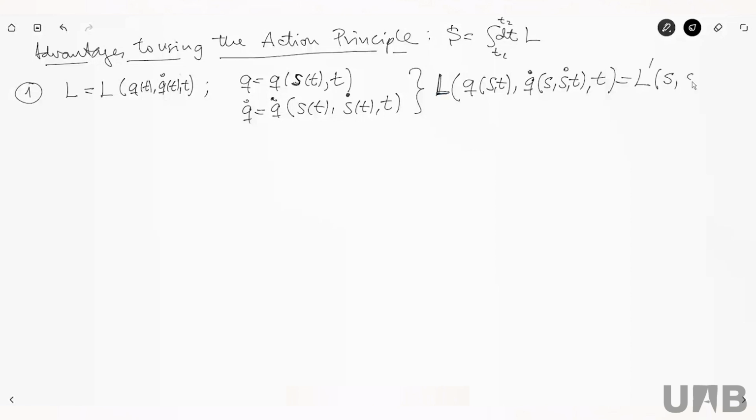And now the question is, what are the Euler-Lagrange equations for the new Lagrangian L prime? Okay, and one would say, well, since I know the Euler-Lagrange equations for L as a function of q, all I have to do is make the change of variables and apply the chain rule.